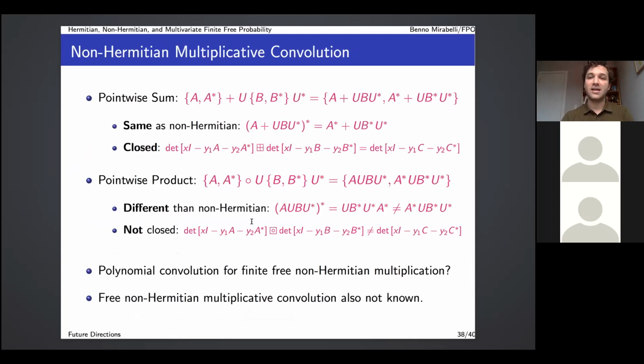And the reason for that is that if you take a pair of matrices, A and A star, and another pair B and B star, and you do their unitarily invariant sum on these matrix families, I get a pair of matrices that happen to be conjugate transposes of one another. And even when I do the final, I get another multivariate characteristic polynomial that is a non-Hermitian characteristic polynomial for some matrix C every time.